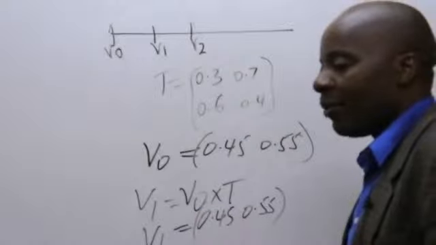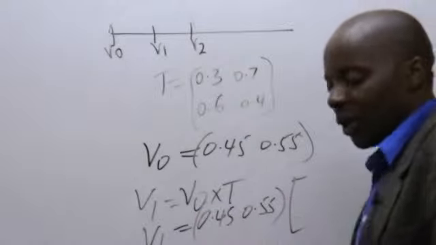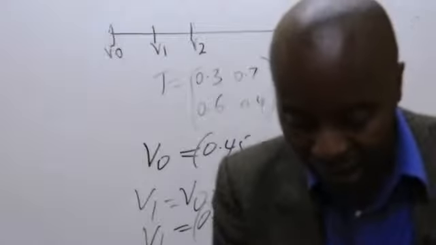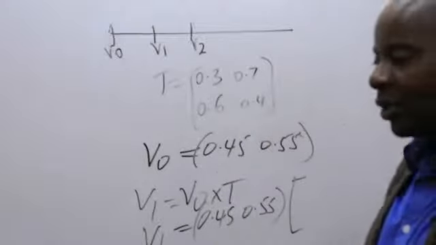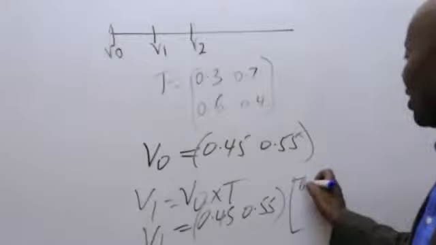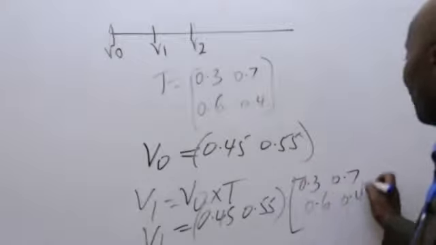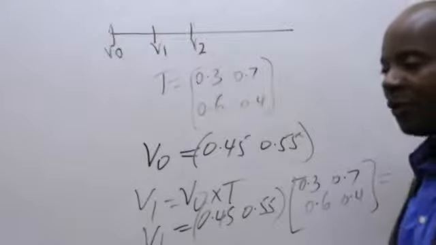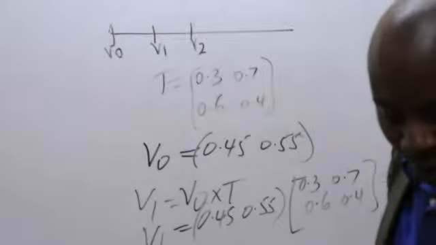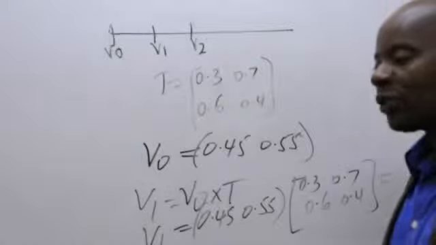And then I multiply this with the transition matrix. The T matrix here is 0.3, 0.7, 0.6, 0.4. With this information, I should be able to do my multiplications very easily.